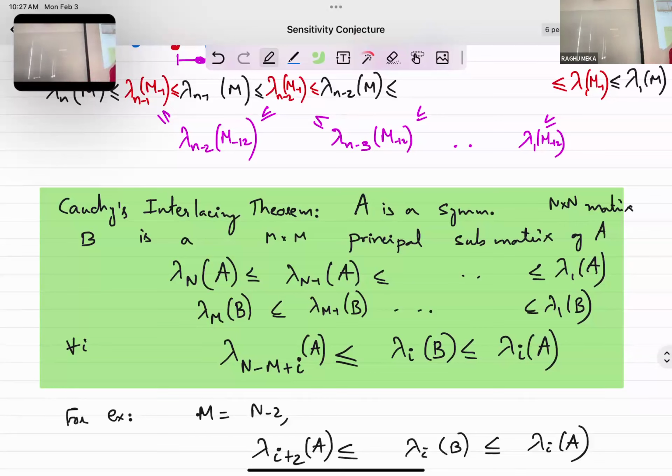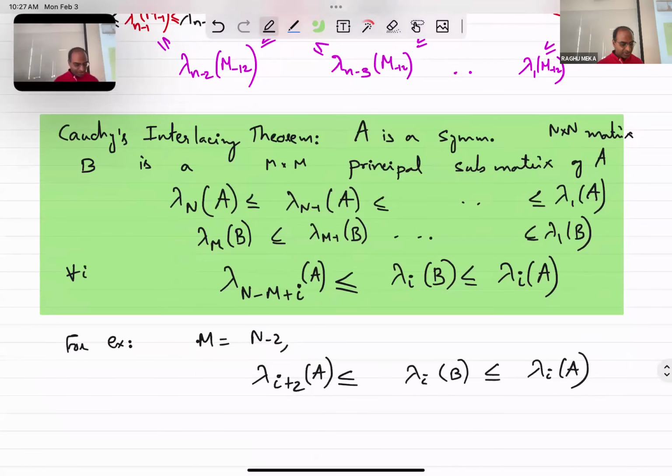N minus 2 versus n minus 2 plus 2. N minus 3 versus n minus 3 plus 2, which was n minus 1. So you skip 2 down instead of 1 down. However many things you took out, that's how many you skip. All right. Any questions about this statement?